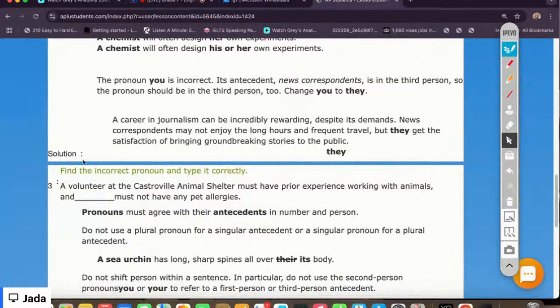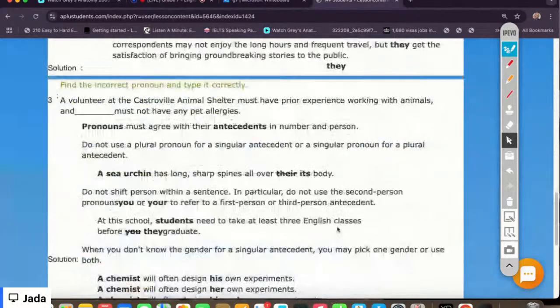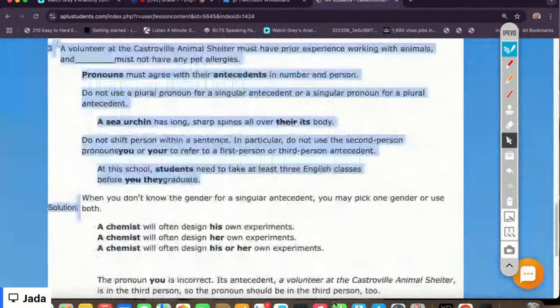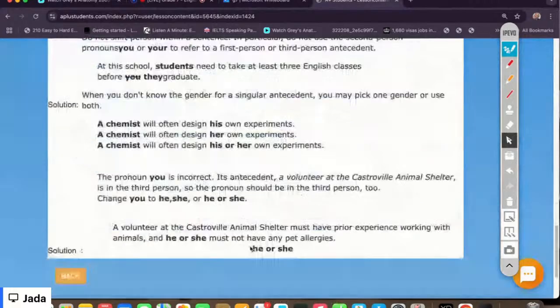All right, let's look at this one here. A volunteer at the Castroville Animal Shelter must have prior experience working with animals, and dash must not have any pet allergies. So, what should be the right pronoun here? So we will have what? He or she. Okay. So if you use the pronoun you, it's incorrect. The antecedent, a volunteer at the Castroville Animal Shelter, is in third person.